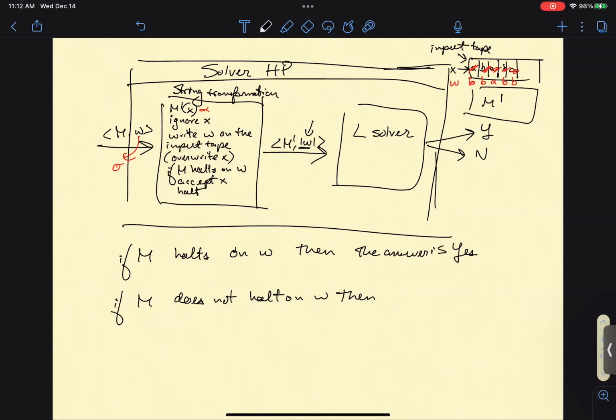If it doesn't halt, it's just going to wait, but it's already used length of W input cells. So the answer to this question is again going to be yes. It doesn't matter if you didn't halt, you used that many. So here the answer is also yes, which is a problem.